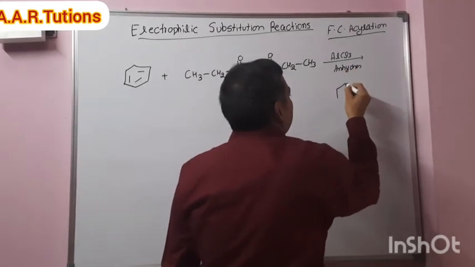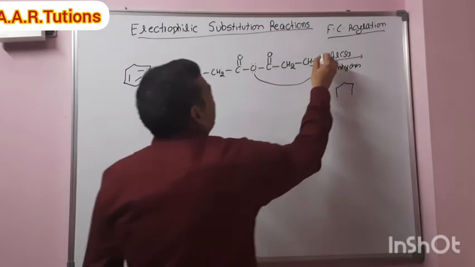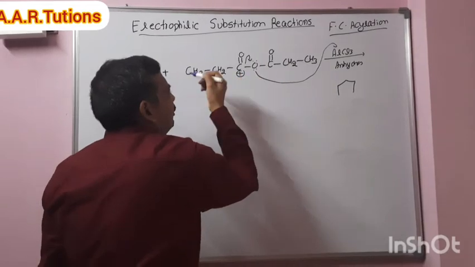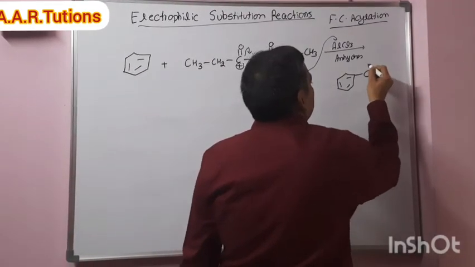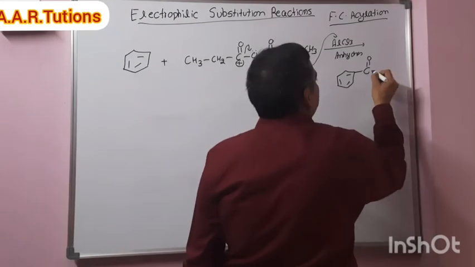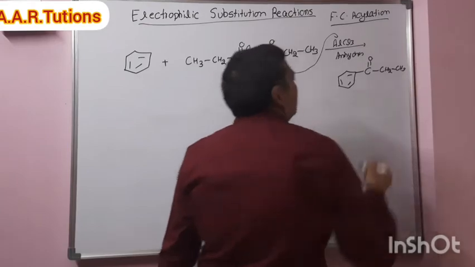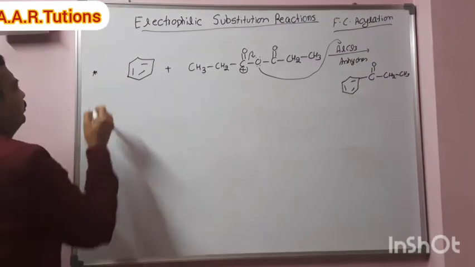This is the electrophile. It will form a complex. So shift of electrons from here to here, positive charge, that will attack. So we will write directly CO, CH2, CH3. Ethyl phenyl ketone.